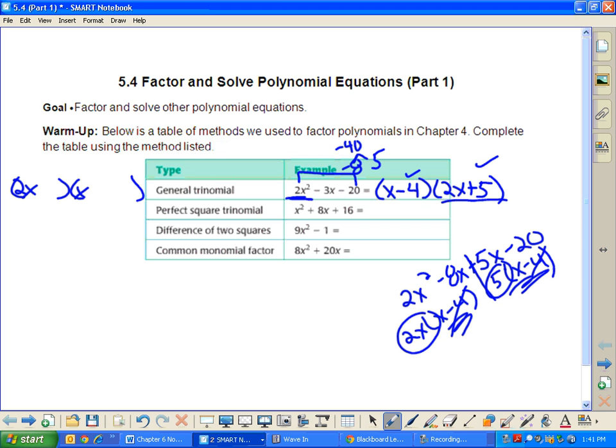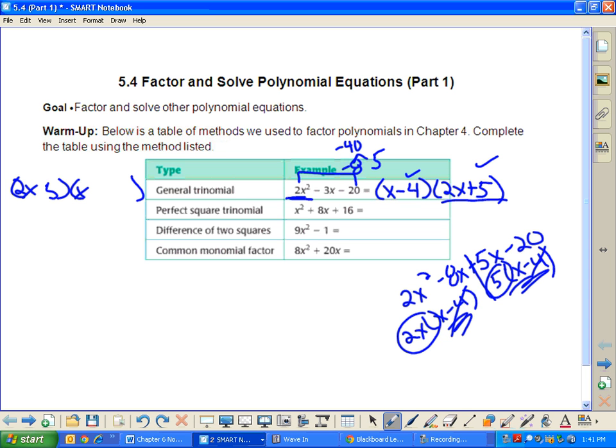So if I pick 4 and 5, that multiplies to give me 20. I would play around with those numbers a little bit and maybe put the 5 here and the 4 here. And then 10x and 4x, it's never going to give me that 3x, so that doesn't work. So I'd maybe reverse it.